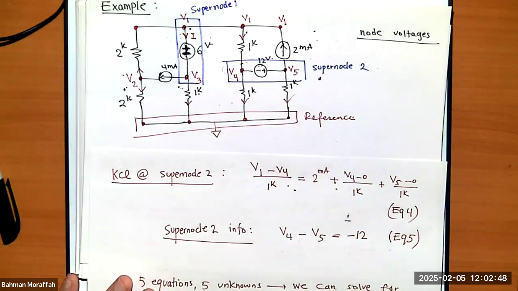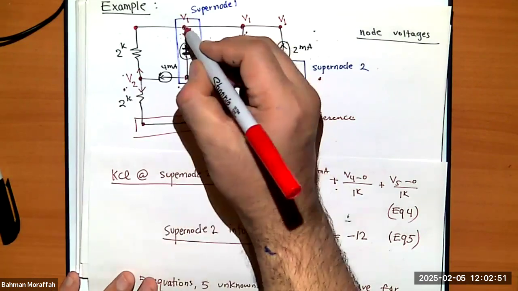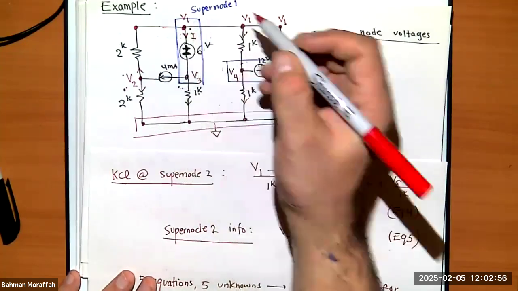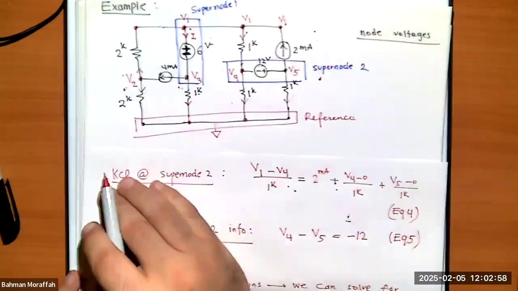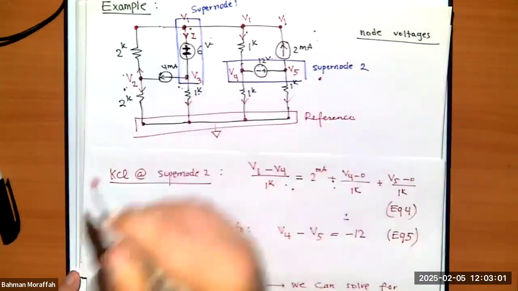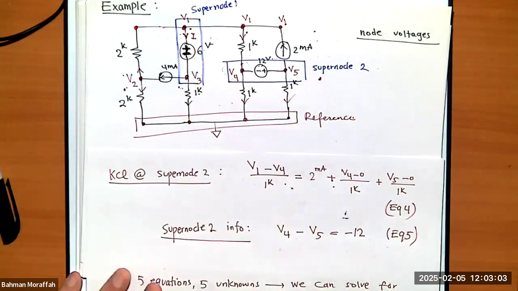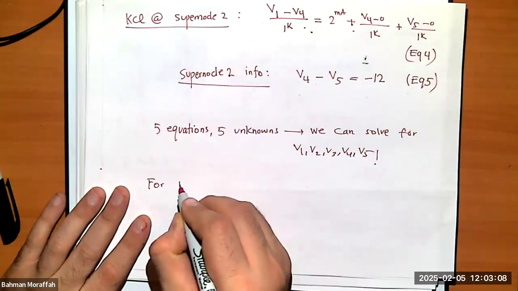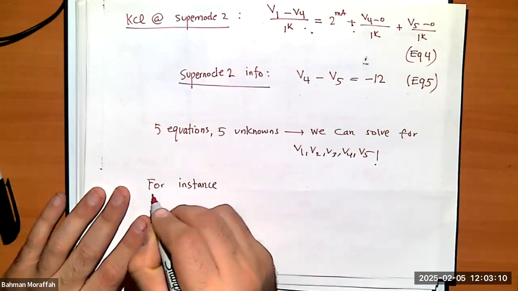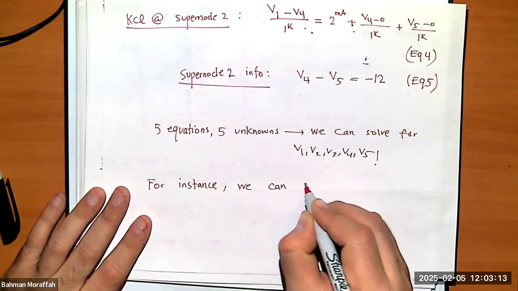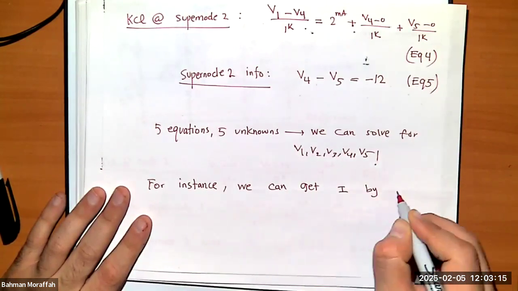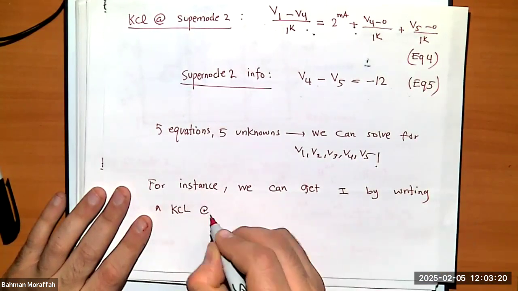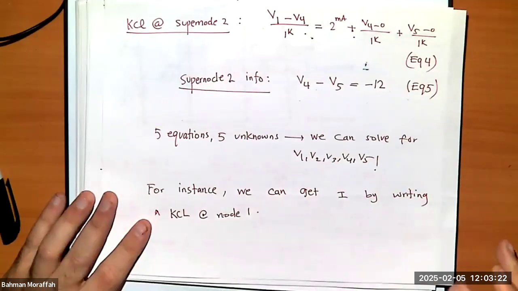I cannot write it in terms of Ohm's law. What I can do is write a KCL at this point. Now I know this current, I know this current, and I know this current. So we can get I by writing a KCL at node 1.